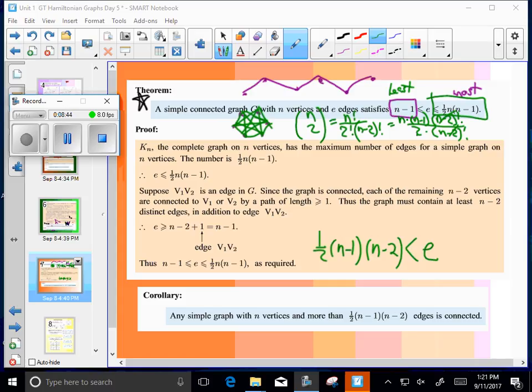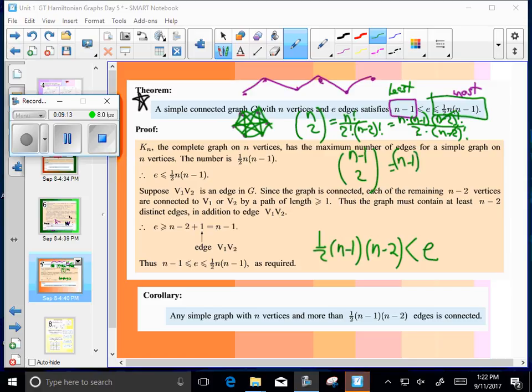What do you notice about this and the previous one for the maximum? What happened to n and n minus 1? They decreased by 1. So since they decreased by 1, is that n minus 1 choose 2?